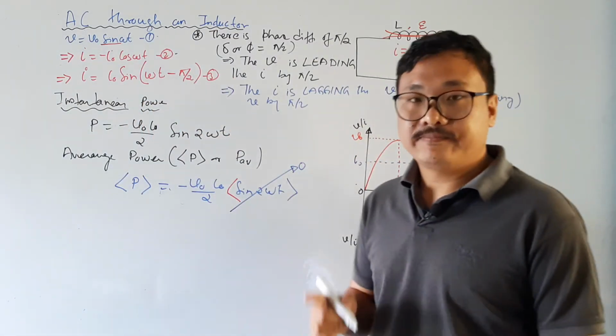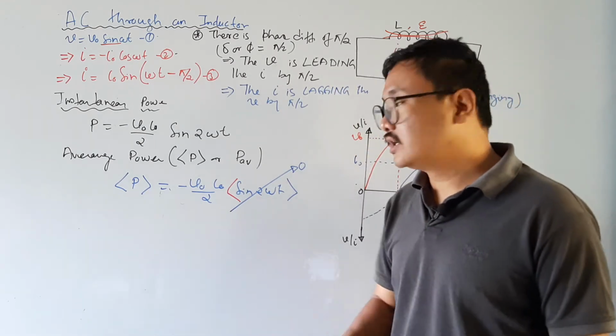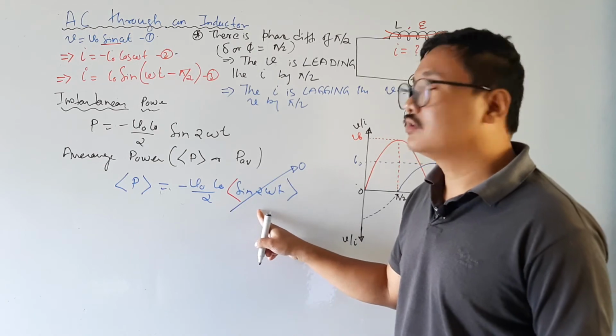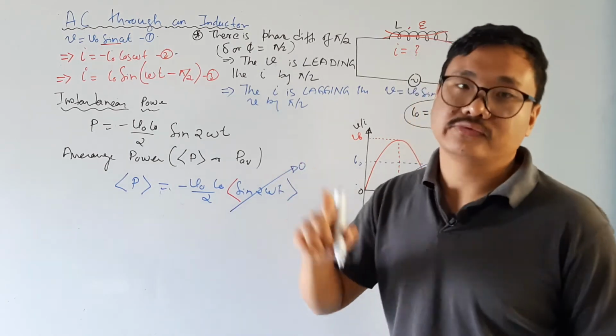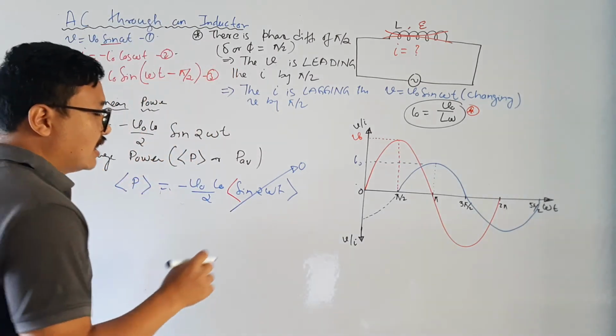Now, the question comes: is there an analytical or mathematical way to prove that the average of sine 2 omega t is equal to 0? Yes, we can prove it. Definitely, I will put up a different video on how to prove this.